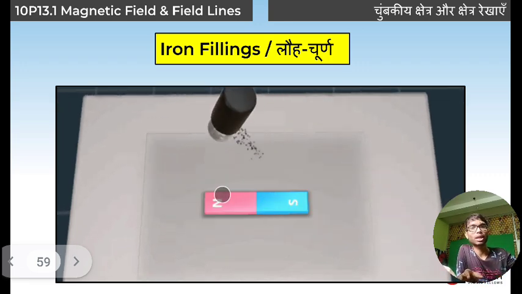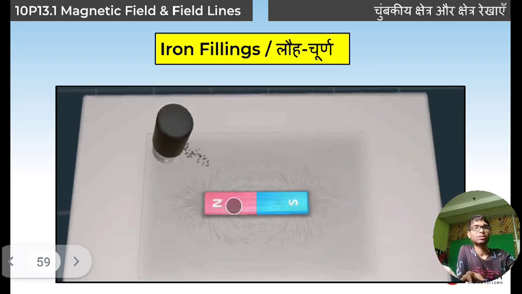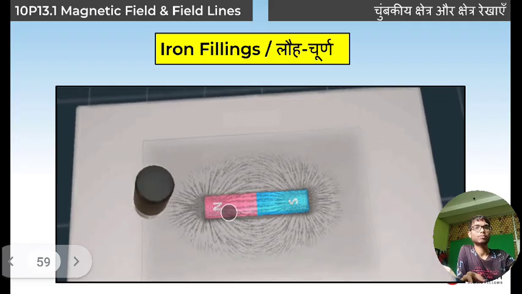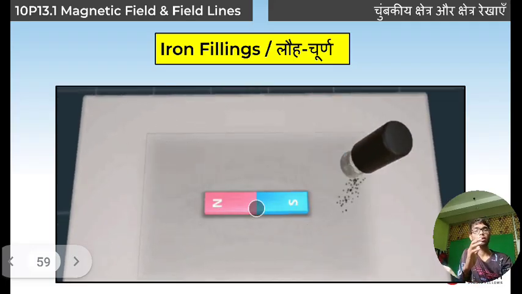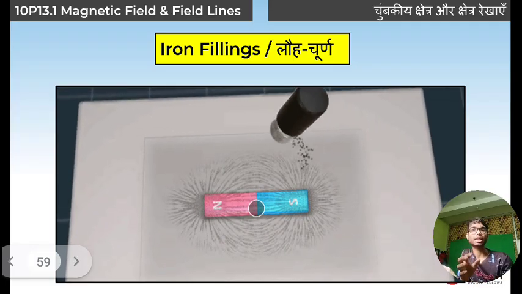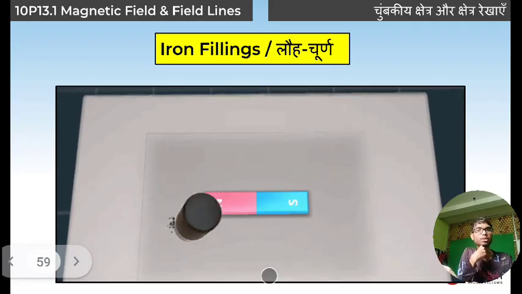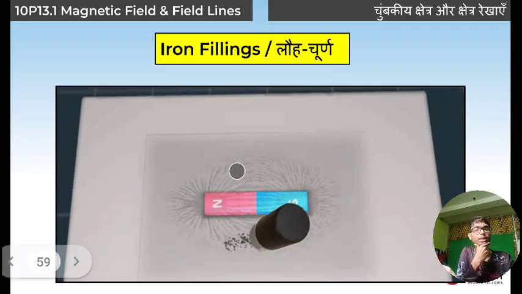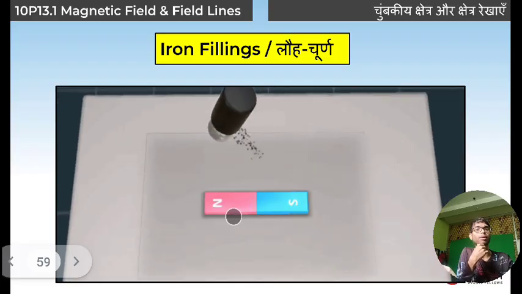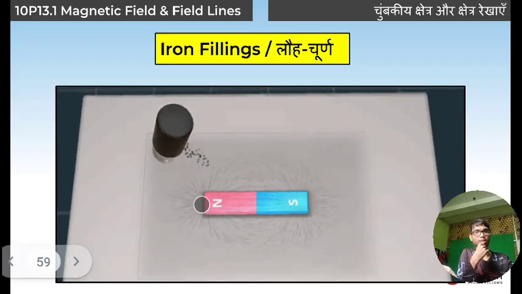What is happening here? You can see it is showing the magnetic field. This is where the magnetic field is. Here, if you put any magnetic material, then it will be attracted.